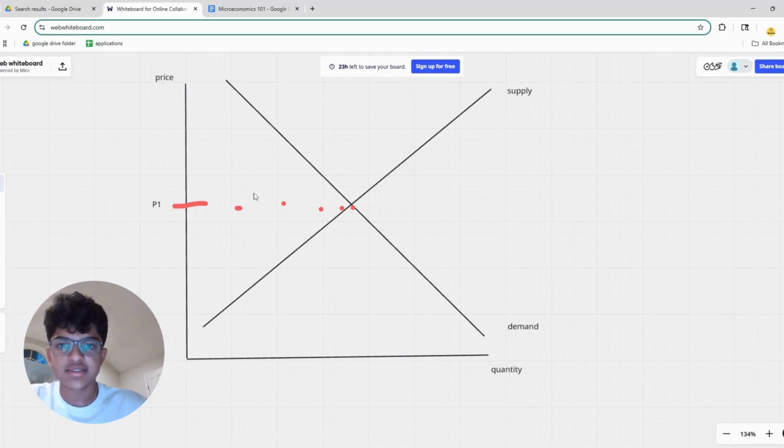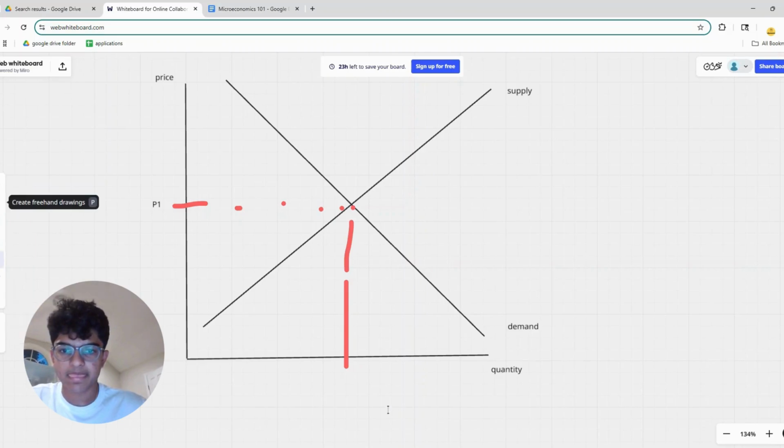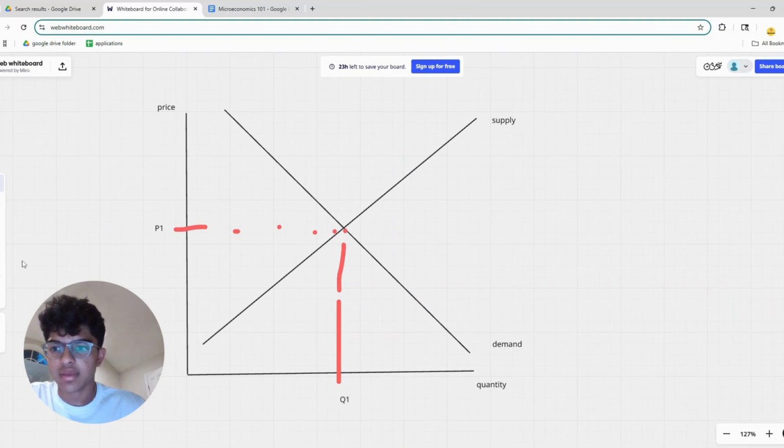The quantity supplied is just going to look like that, right? It's just going to be around here. We can call that Q1. But that's also equal to the quantity demanded. So if quantity supplied equals quantity demanded, we're in equilibrium. That's pretty self-explanatory. But what happens when the market dictates that the price is up here?